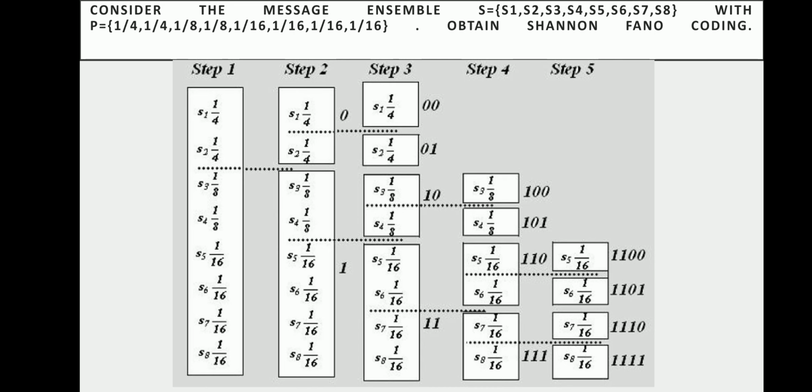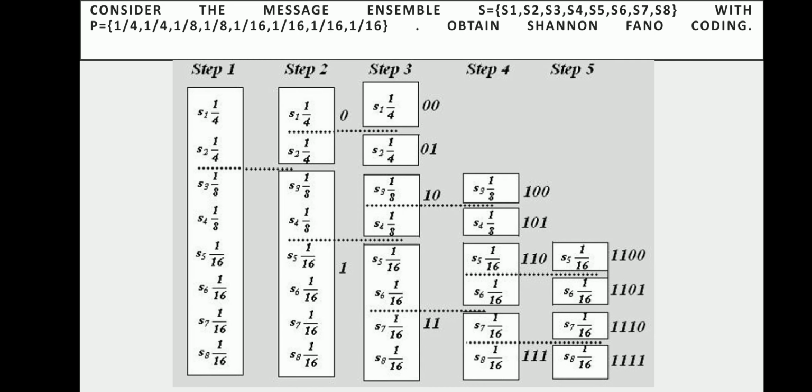Then we give 0 for the S3 S4 group and 1 for the remaining group, that is S5 S6 S7 S8. So in step 3 we can see that S3 S4 is coded as 10 because 1 is already coded in step 2. Then the remaining is coded as 11.